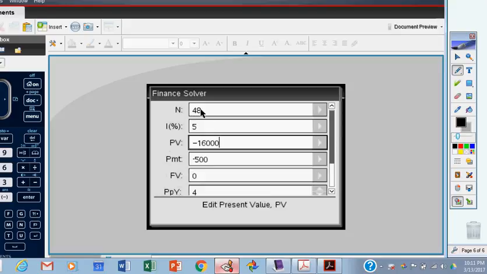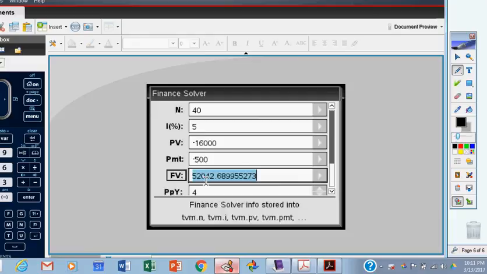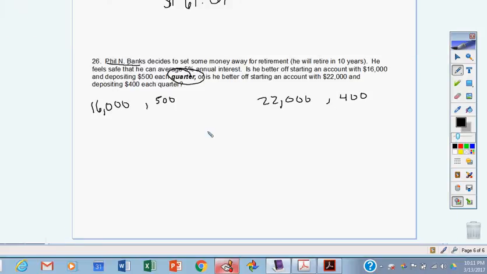The number of payments you're making for 10 years would actually be 40 because you're making quarterly payments. So 40 actual payments. When we go to the future value, we will see that he will have $52,042.69.